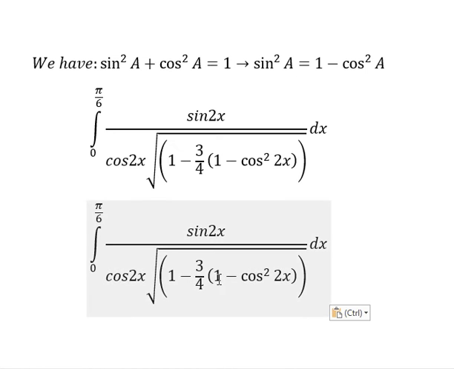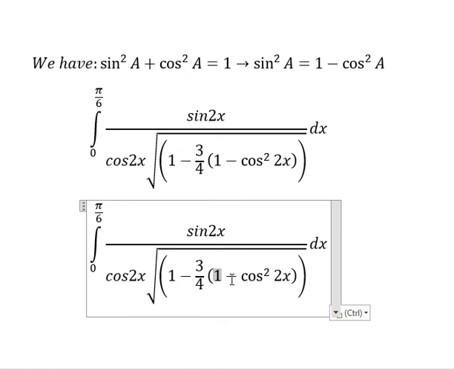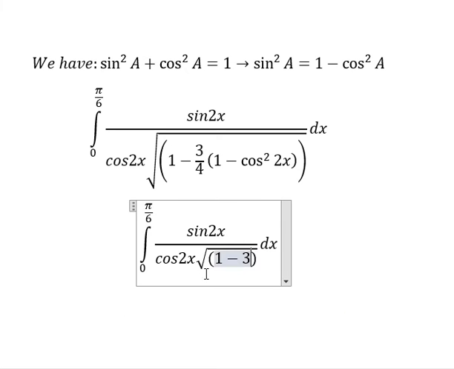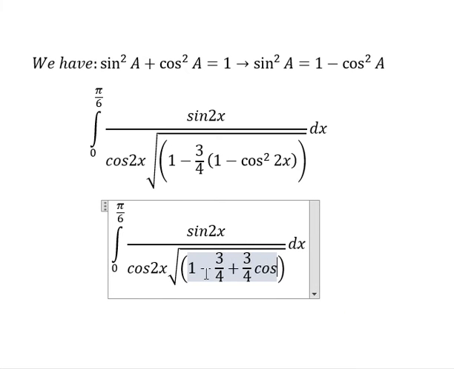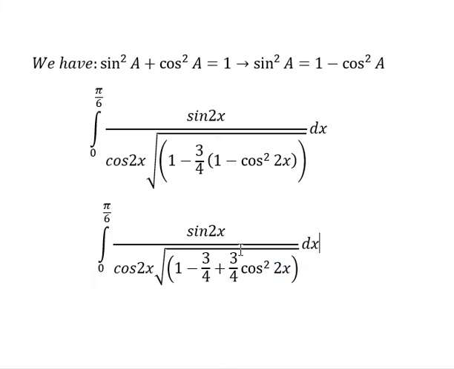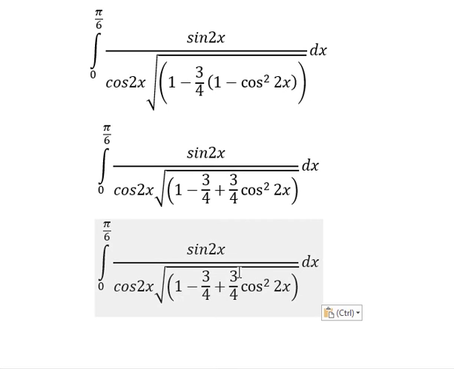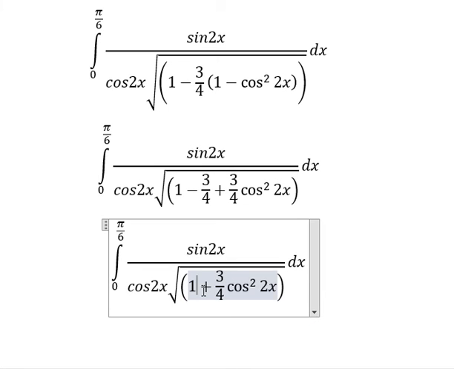Negative 3 over 4 multiplied by number 1 and negative in here. So this one is 1 over 4.